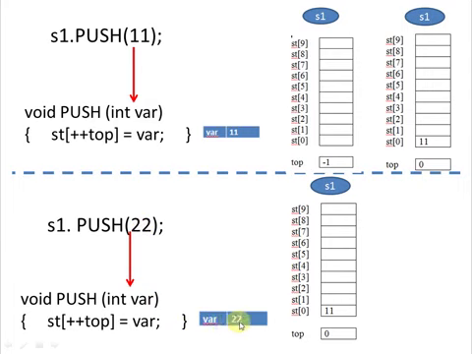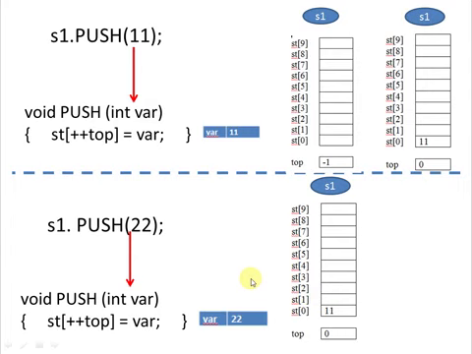This 22 will be stored at the next top location of the stack. So top will increment itself, from 0, and it will become 1. So the value of top will be 1, st of 1 is this location, and at this location 22 will be stored.